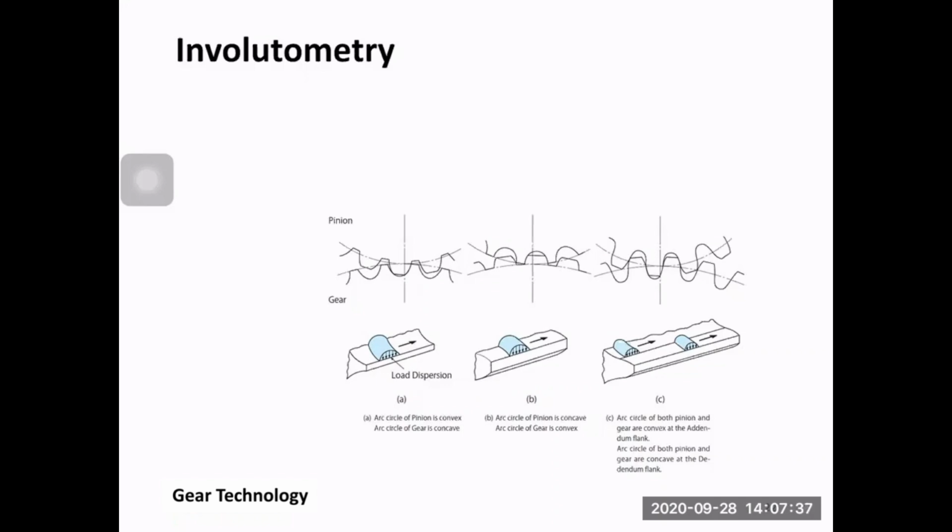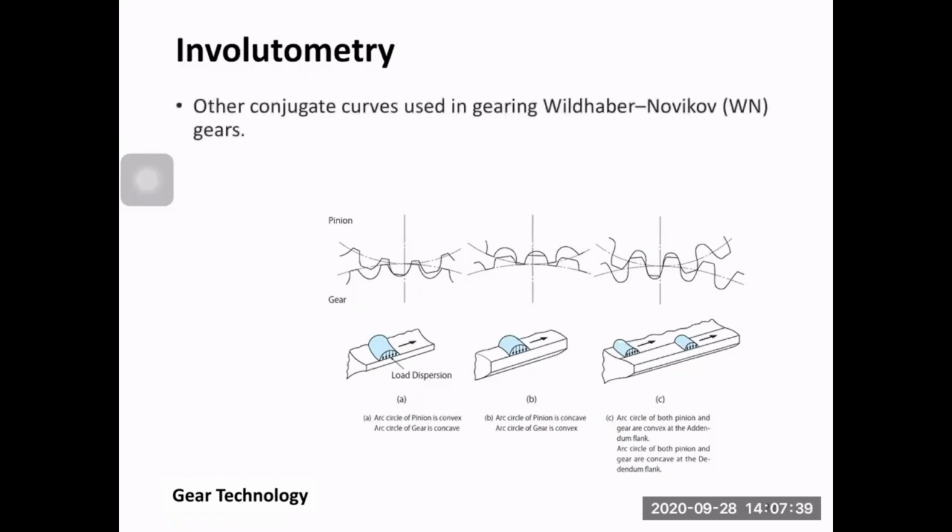So there is one more conjugate curve. It's called the WN curve, or WN gears, or WN profile. It is named after these two scientists. And then you see here that you have a pinion, and then you have a gear, and the profile of the gear tooth takes a specific shape, either convex or concave, but eventually it just does the same thing.